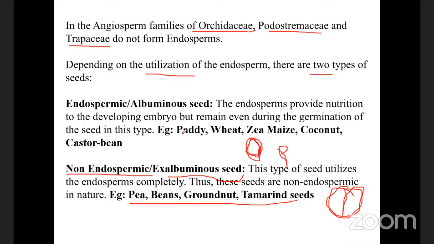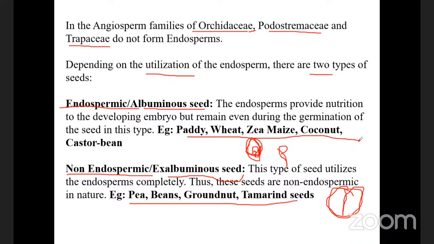If it is present, we call it endospermic seeds or albuminous seeds. If the endosperm remains even after the embryo matures, that is an endospermic seed.